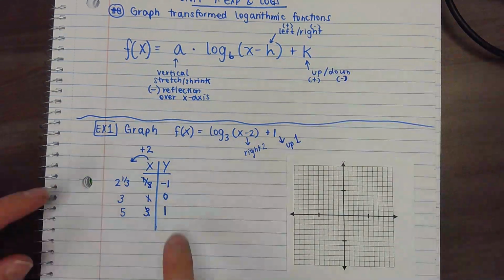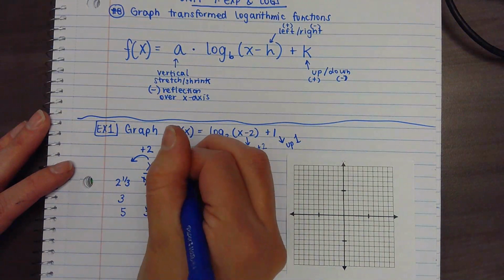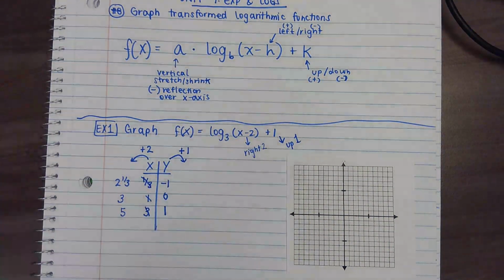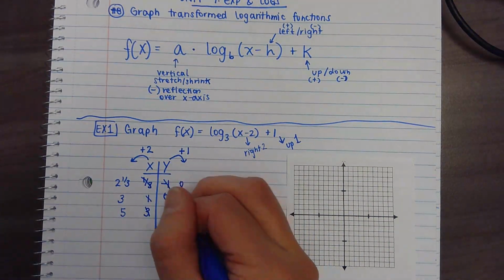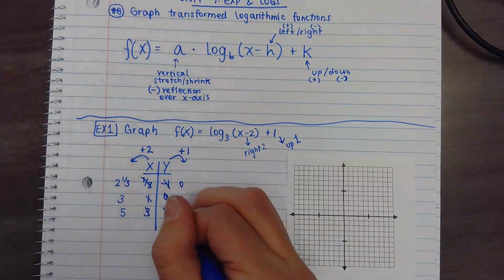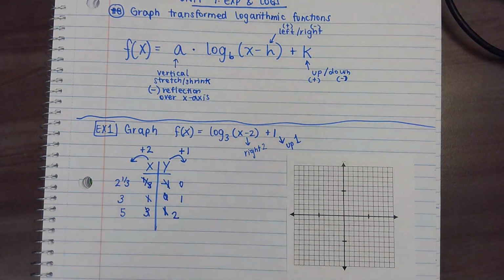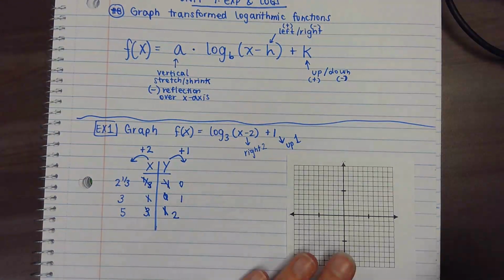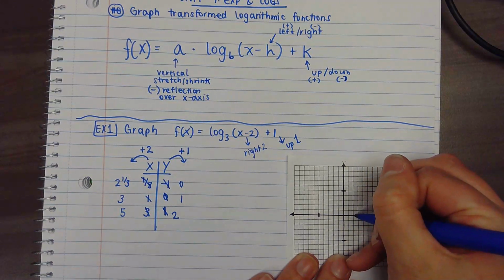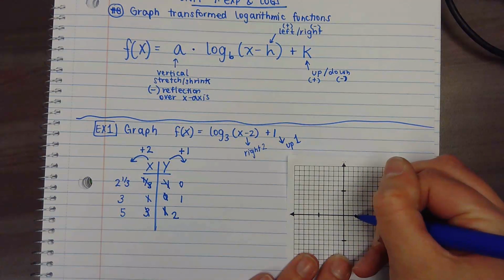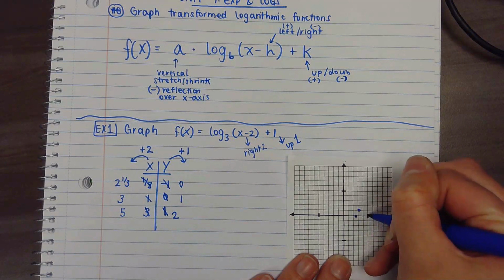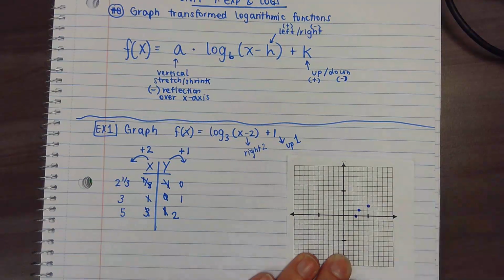So that parent function table, all the y values, I'm adding 1 so I can shift up 1. So 0, 1, and 2. Here's my transform table. I'm going to plot my points. So that's 2 1/3, comma 0, 3, comma 1, and 5, comma 2.